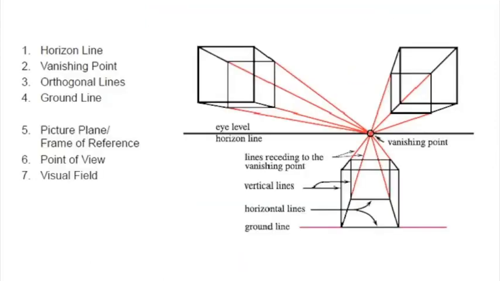By the way, things that are above eye level, you can tell because you'll be seeing the underneath side of them, and things that are below eye level, you will see the tops. Things that are at eye level, depending upon where the object is situated, you won't see top or bottom if eye level's cutting right through the horizontal center.